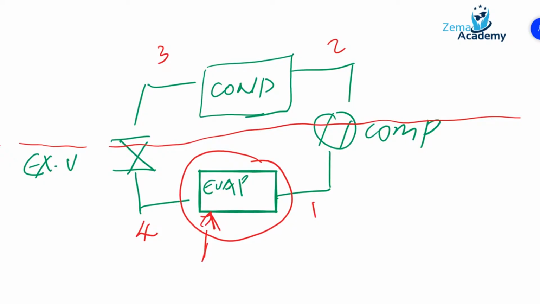Inside the evaporator, at point number 4, what we start with is a low temperature and low pressure liquid. And that is what's going into the evaporator. As it travels through the heat exchanger, the refrigerant boils.